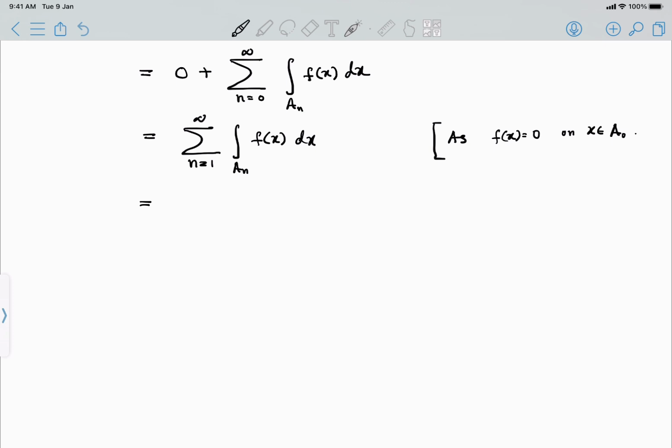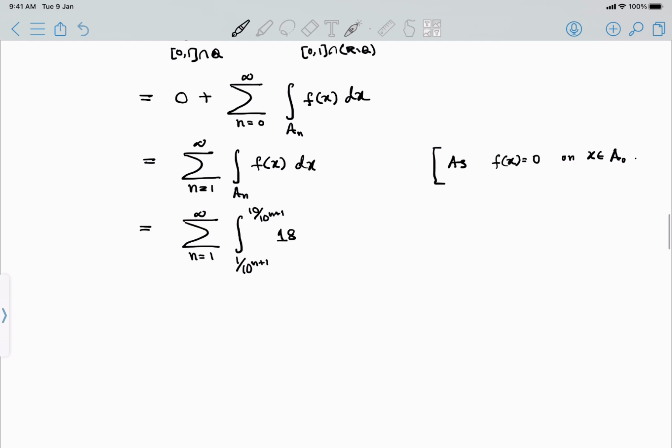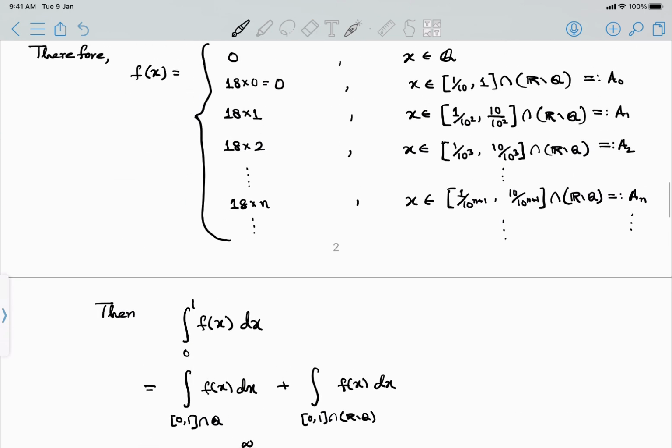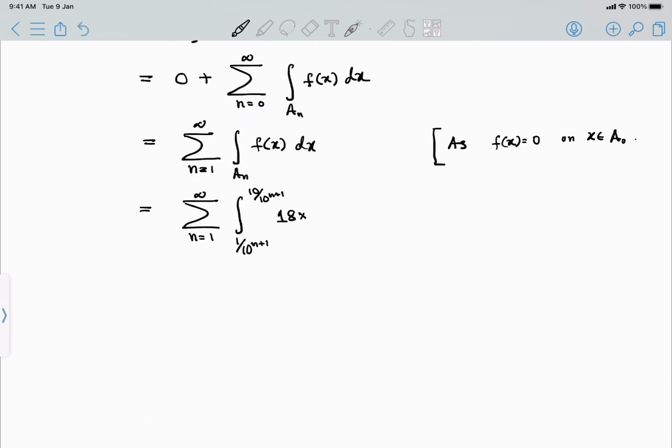So we can replace this by the sum from n equals 1 to infinity of the integral from 1 by 10 to the power n plus 1 to 10 by 10 to the power n plus 1 of 18n dx.